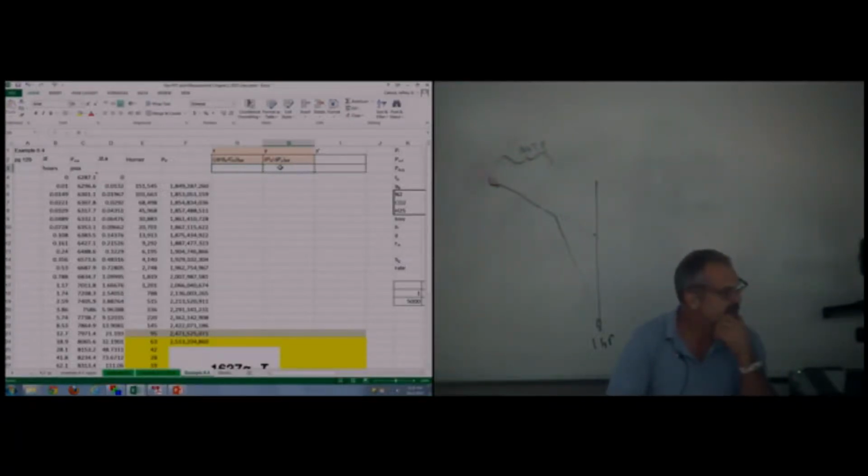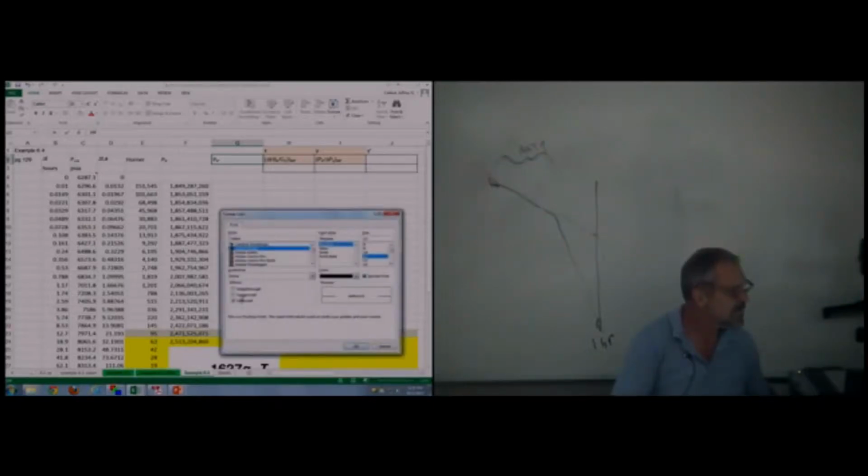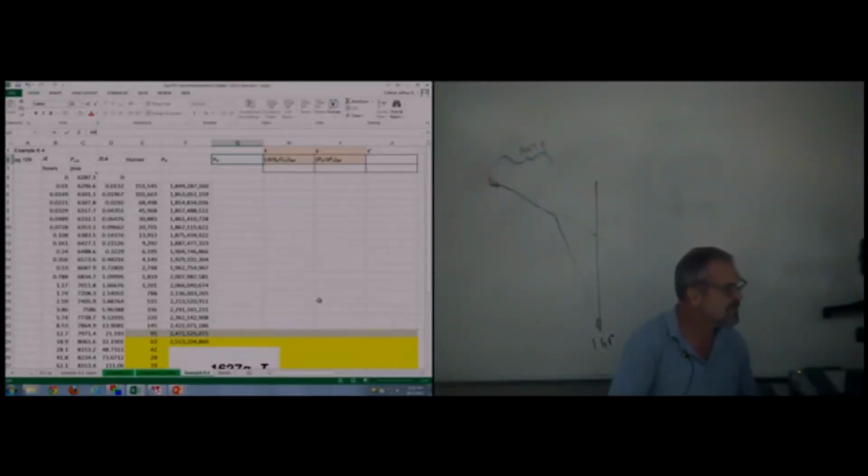You have to come up with the coefficients to multiply X by and to multiply Y by, and Y prime. We also have to add a column for pseudo pressure prime. We can do that right now.